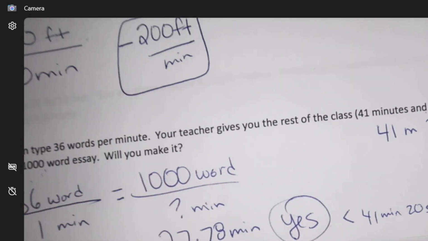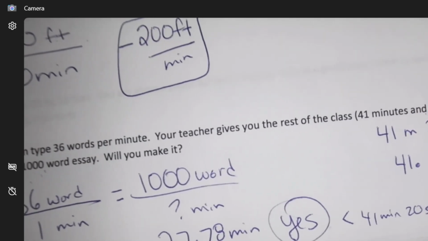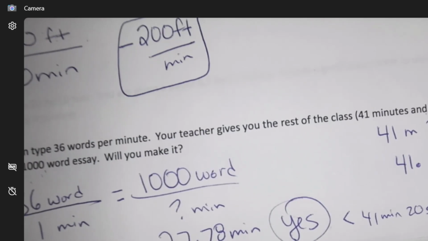What would you do? 41 decimal, it's not just decimal 2, because clocks don't run in hundreds. So what would you do to make that work? How many seconds per what fraction? 20 seconds out of 60.